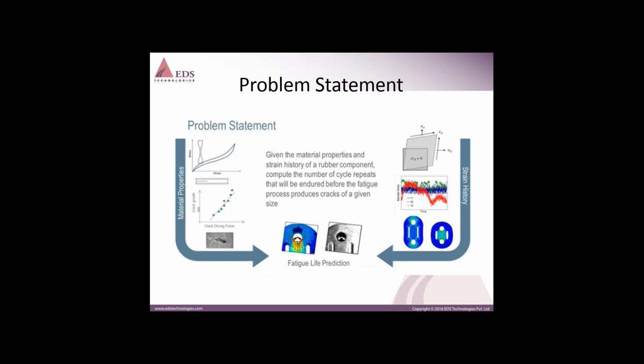Also, as part of the material property, the size of the crack precursor that already exists in the material can be taken. On the right-hand side, the strain history can be brought in, which we calculated or which is available from the output database file. These things will be brought together to predict the fatigue life of rubber.